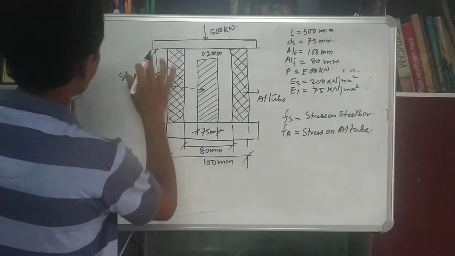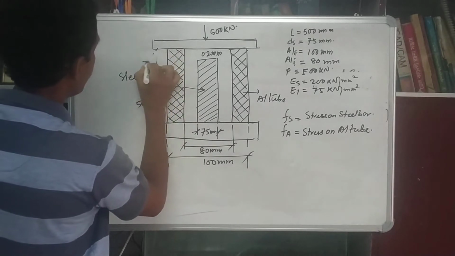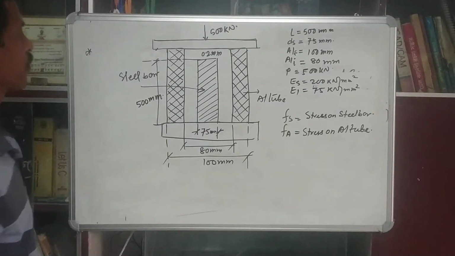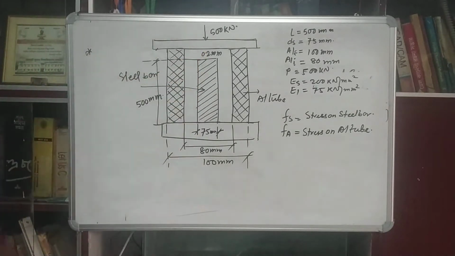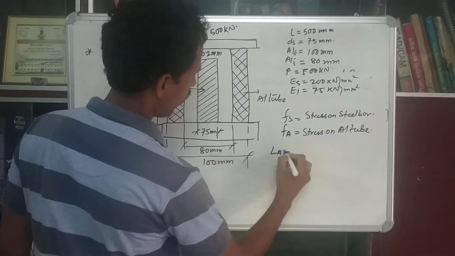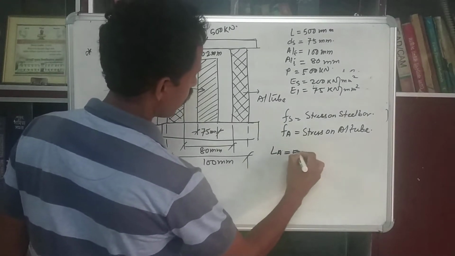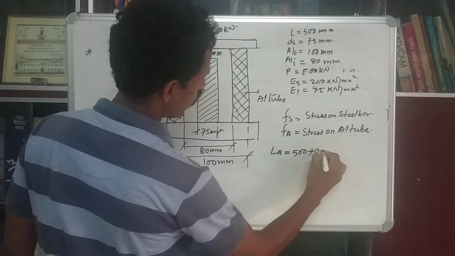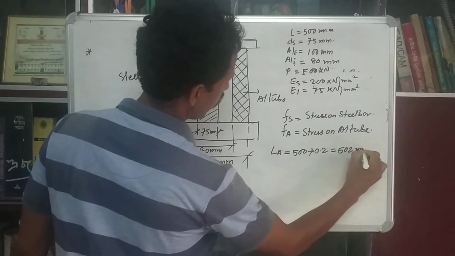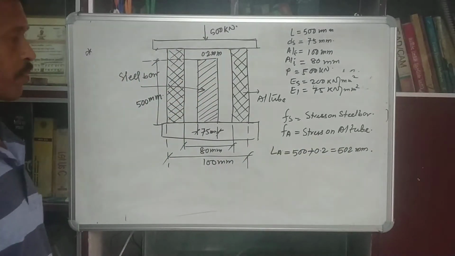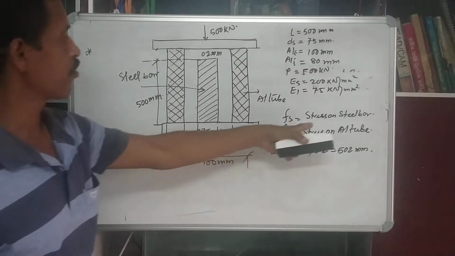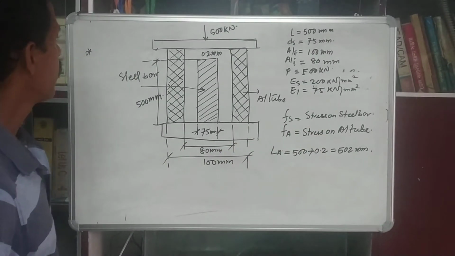So the length of the aluminum tube is 500 plus 0.2, that means 502 millimeter. Now we have to find out the stress on aluminum and stress on the steel bar.